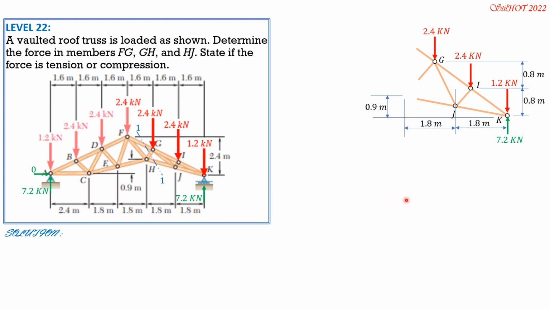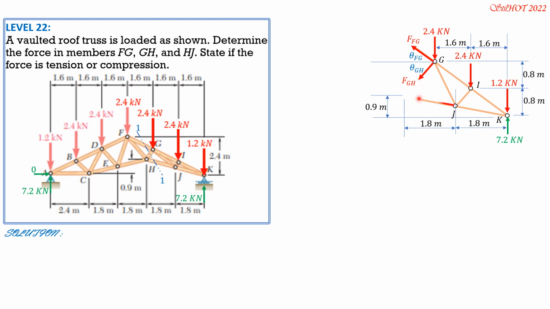Now for other, we need the angles also. So this is 1.6, 1.6 horizontally given in the figure. So this is FFG, this is FGH. The angle that FFG makes with the horizontal, let's call it theta FG. And this is GH, the angle it makes with horizontal is theta GH.